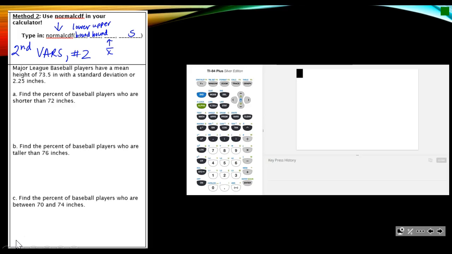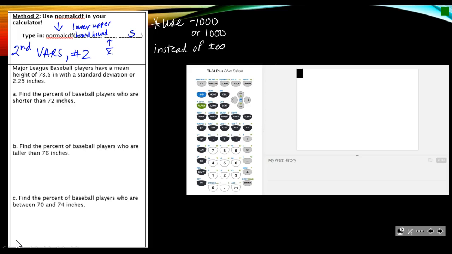So let me make a note of that here. So you're going to use negative 1,000 or positive 1,000. If you need an upper bound or a lower bound, that really would be infinity. So you're going to use those instead of positive or negative infinity.